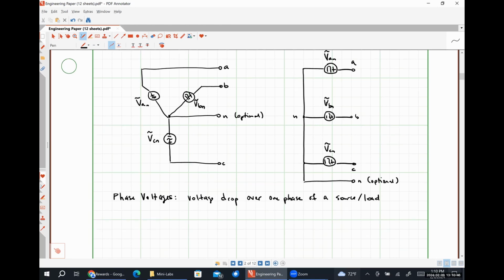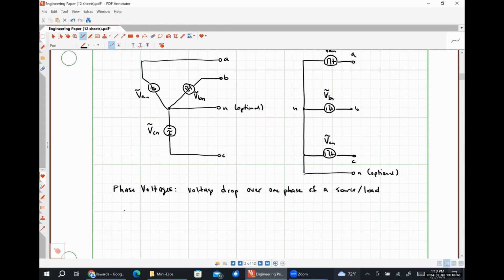So for this Y-connected source, our phase voltages are simply our voltage source voltages, VAN, VBN, and VCN.